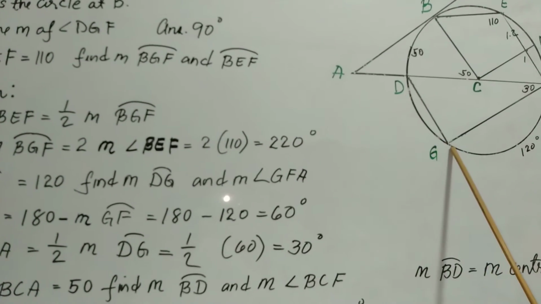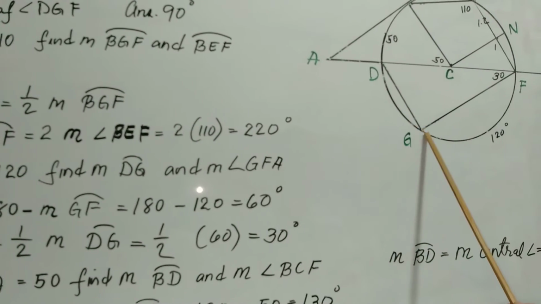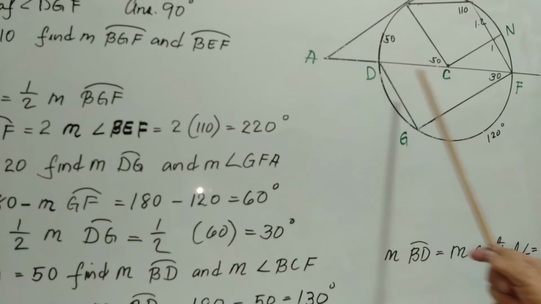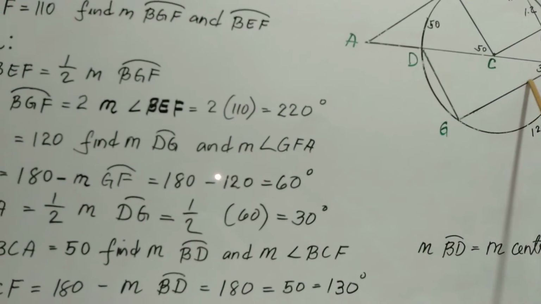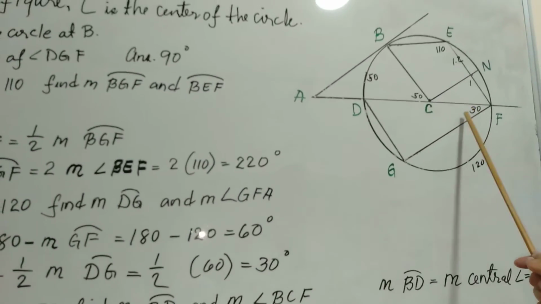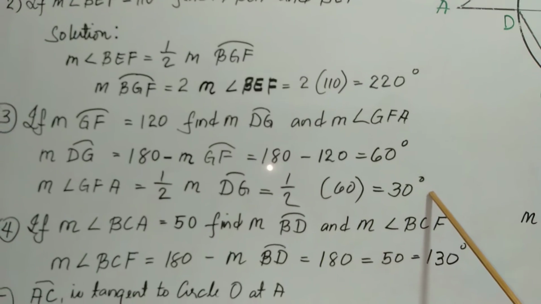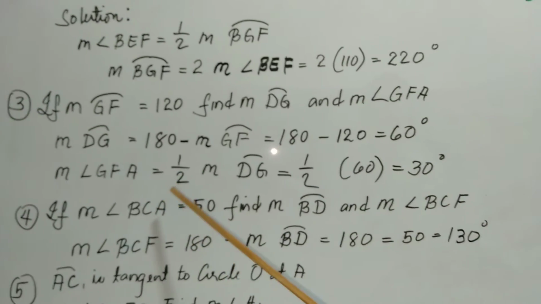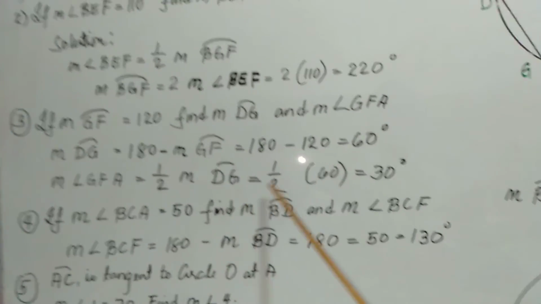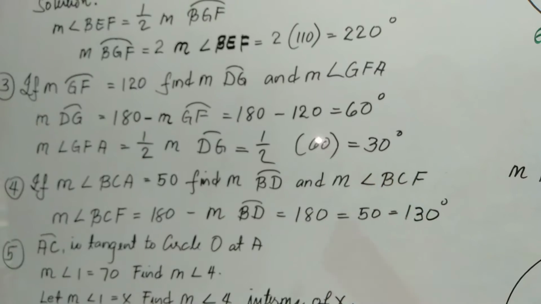If this is 60 degrees, then 1/2 of that will be the measure of angle GFA. So the measure of angle GFA is equal to 1/2 of the measure of DG. Since DG is 60, 1/2 of 60 is 30 degrees.